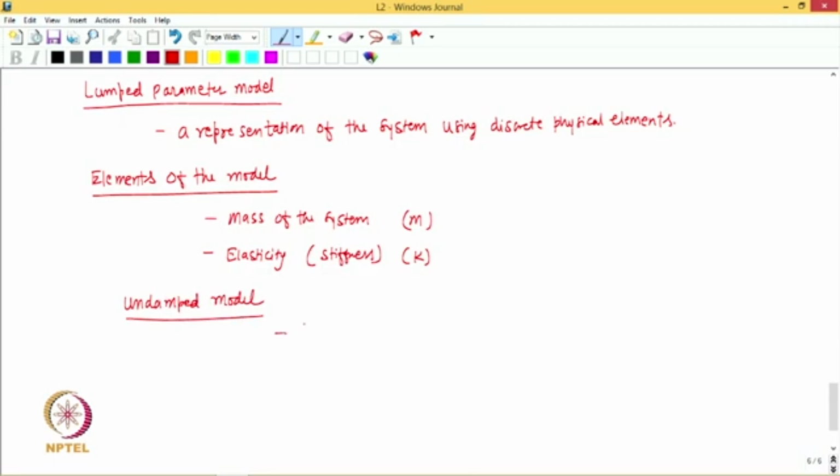The description in terms of mass and stiffness could also be in terms of masses and stiffnesses, if there are more masses and stiffnesses being used to represent the system.